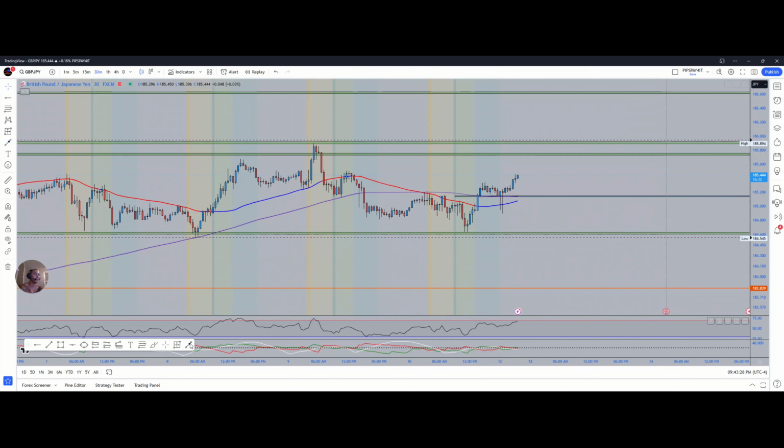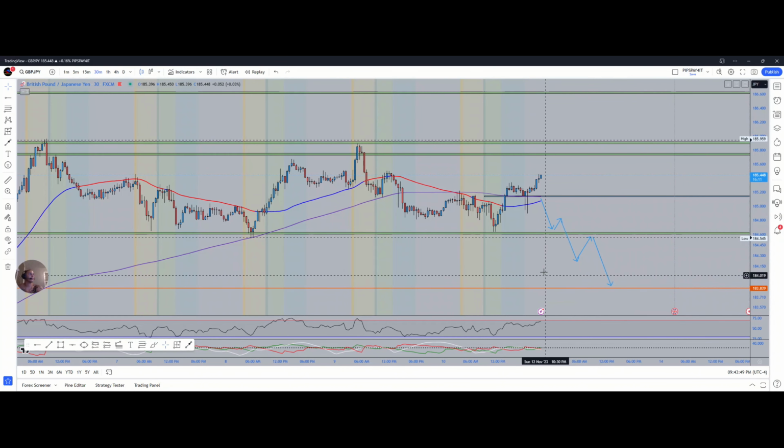Sorry, let me just fix that. You could sell, price could go here, price could do this, all the way down to 183.874 for sells.